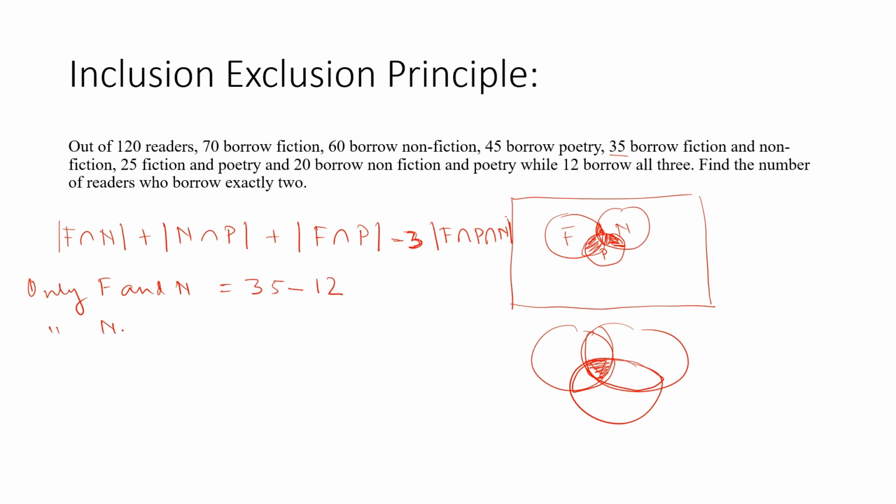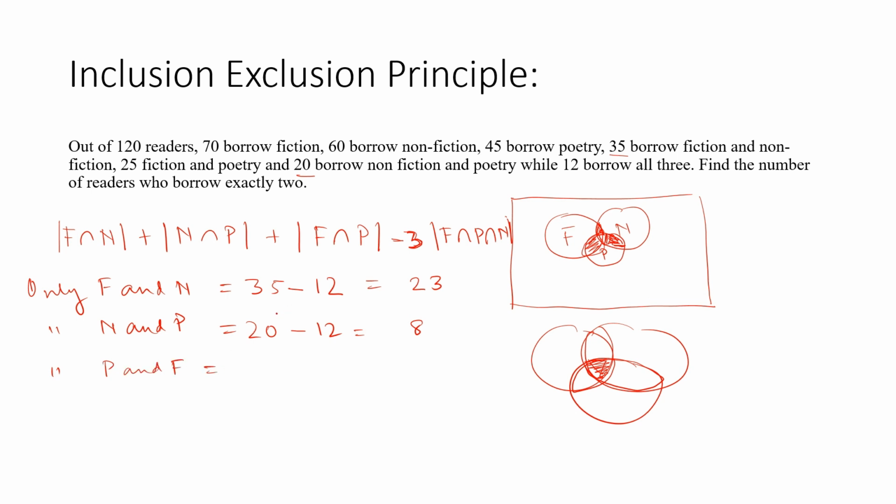Only N and P, non-fiction and poetry. How many of them borrow this combination? Non-fiction and poetry, that is 20. 20 minus 12, here it is 8.